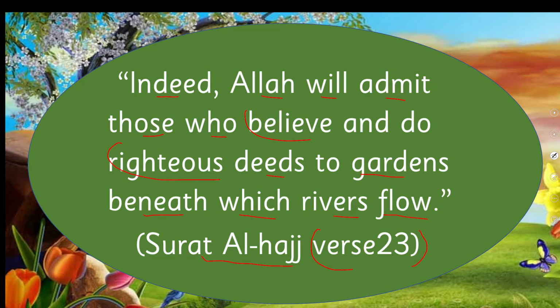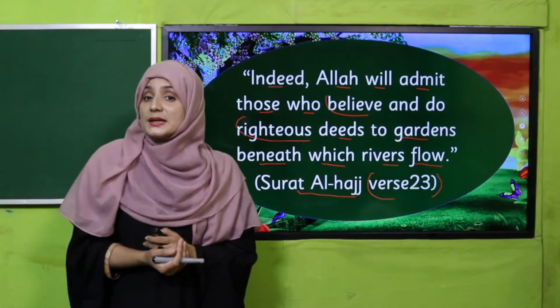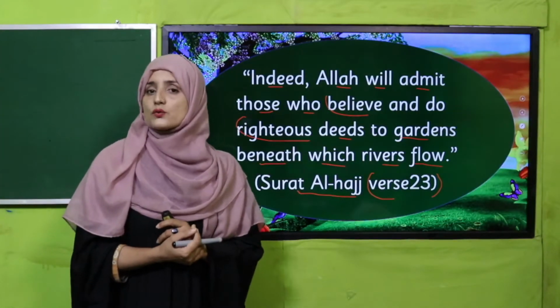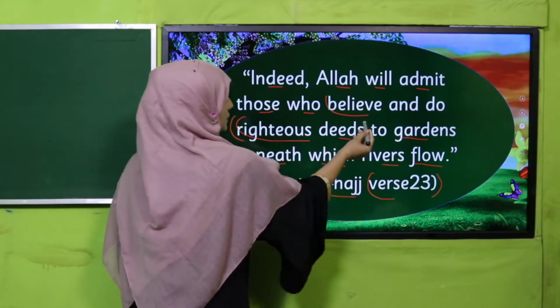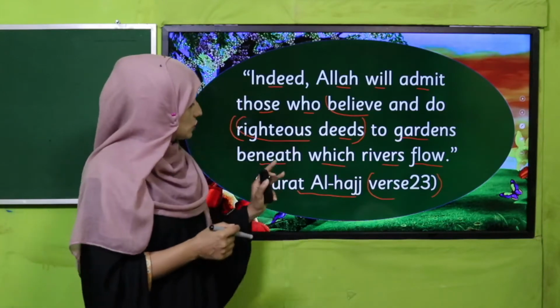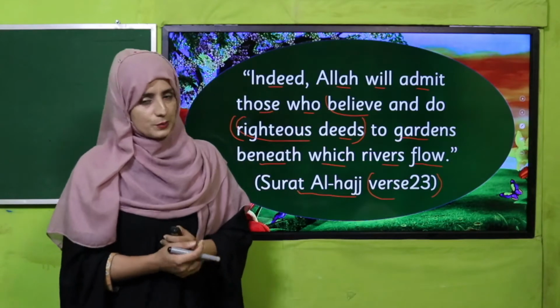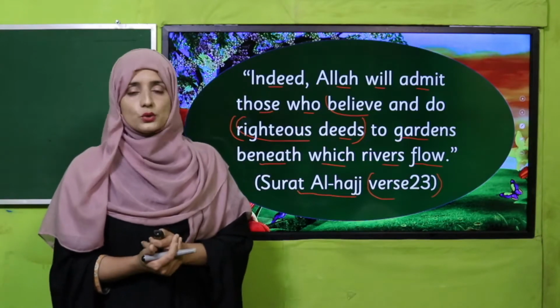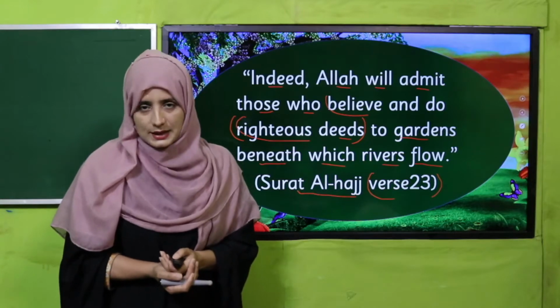So yes, my dear students, this beautiful verse is telling us about the blessings of Almighty Allah for those people who are doing righteous deeds, means who are obeying Almighty Allah. All these blessings are for them. So let's pray that we should also be able to obey the instructions and the orders of Almighty Allah, inshallah and amin.